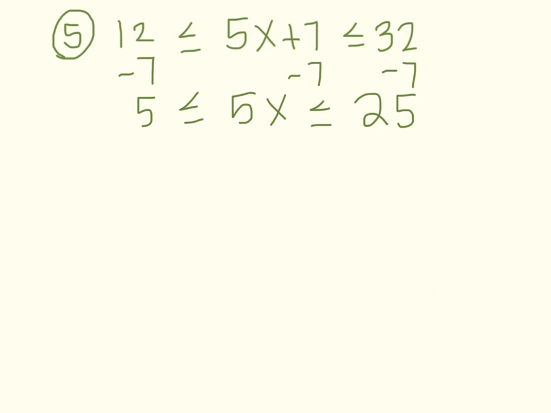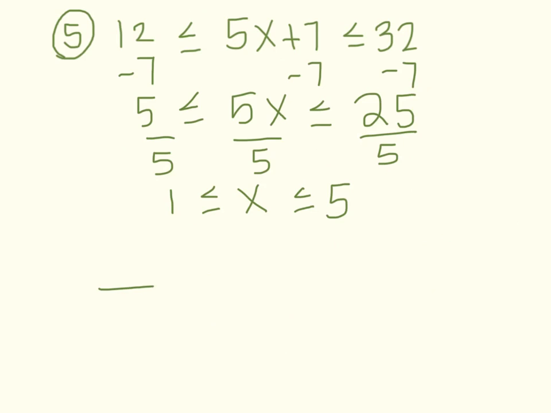Now I need to solve for x, so I'm going to divide everything by 5. 5 divided by 5 is 1, which is less than or equal to x, which is less than or equal to 5. So now I'm going to go ahead and graph this on a number line.